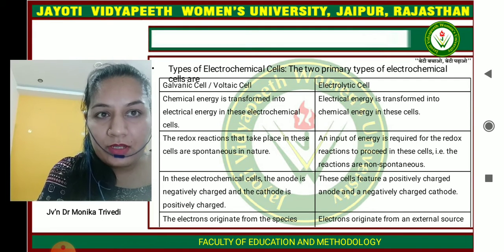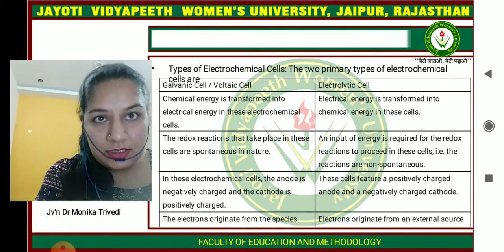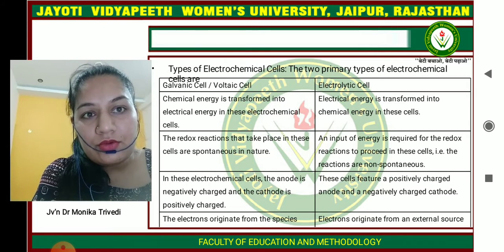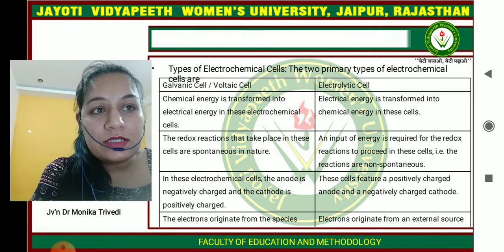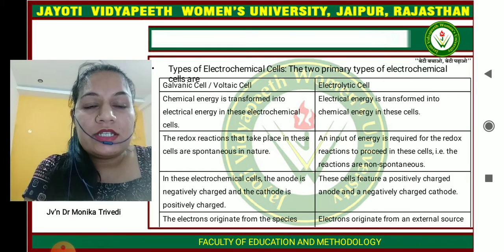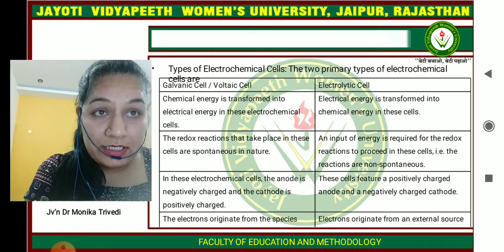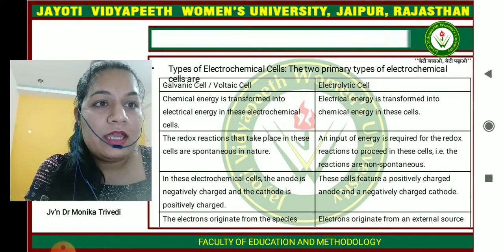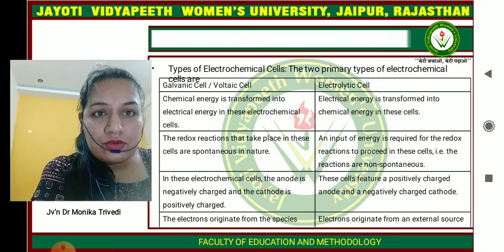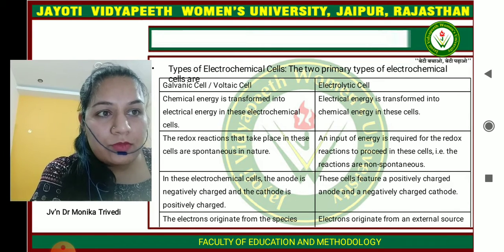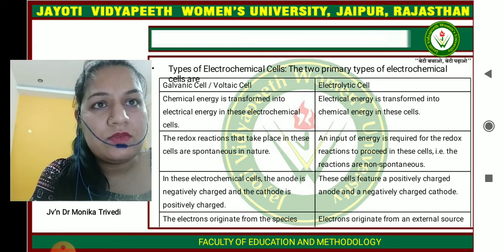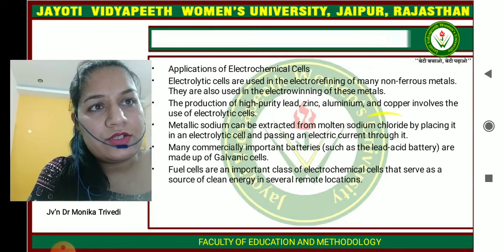So this is the difference between electrolytic and galvanic cells. In a galvanic cell the electrons are generated by the cell itself, and in the electrolytic cell the electrons originate from external sources. So this is the basic difference between a galvanic cell and an electrolytic cell.